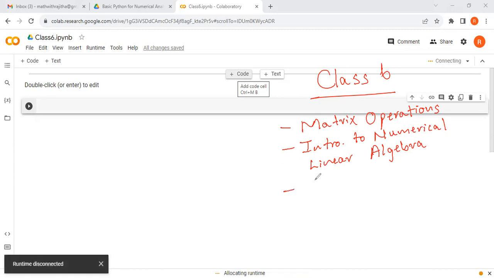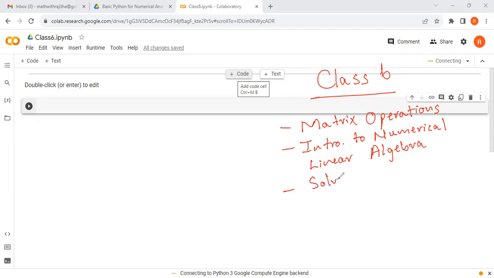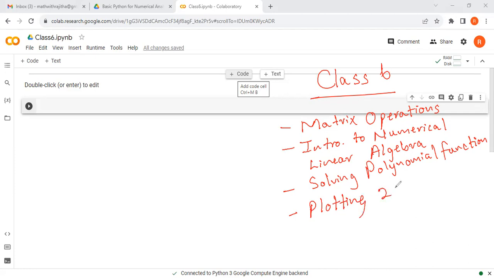Solving polynomial functions, and most importantly, plotting graphs, plotting 2D graphs.